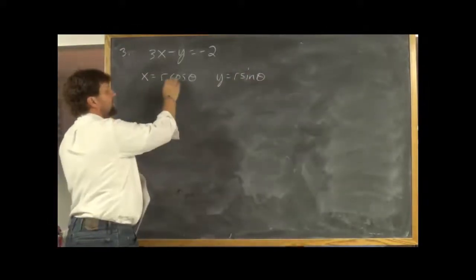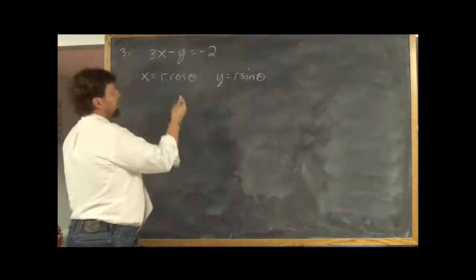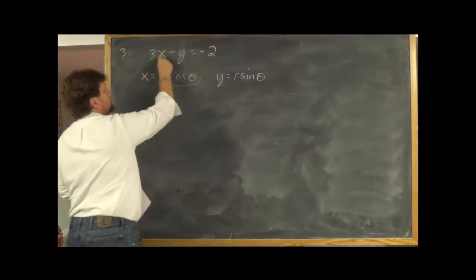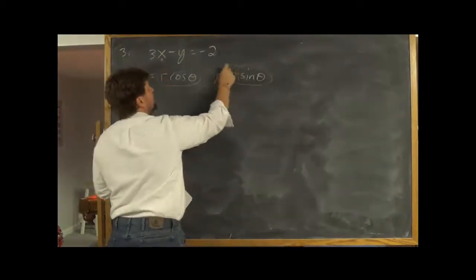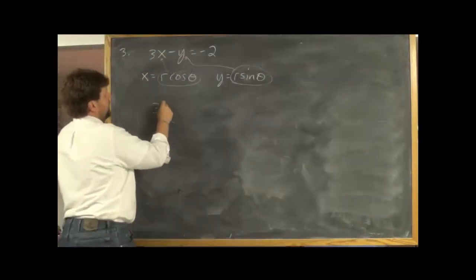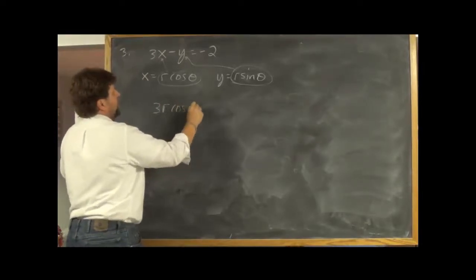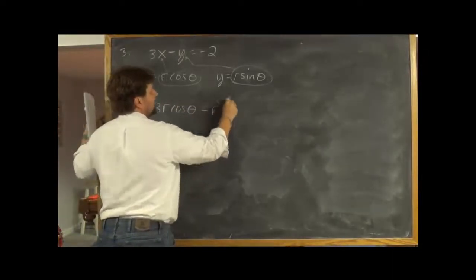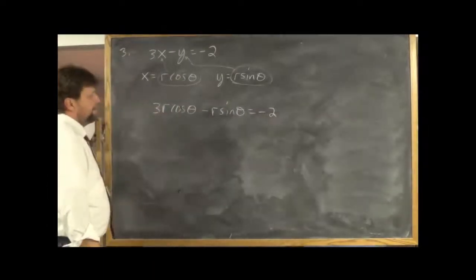So you just simply substitute r cosine theta in for the x, substitute r sine theta in for the y, and you would get 3r cosine theta minus r sine theta equals -2.